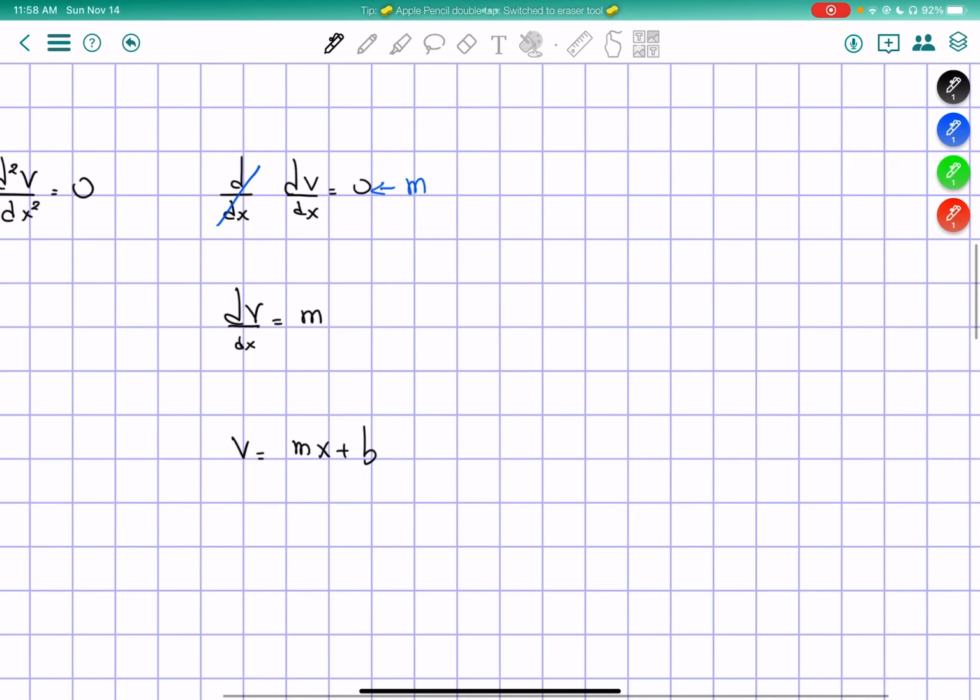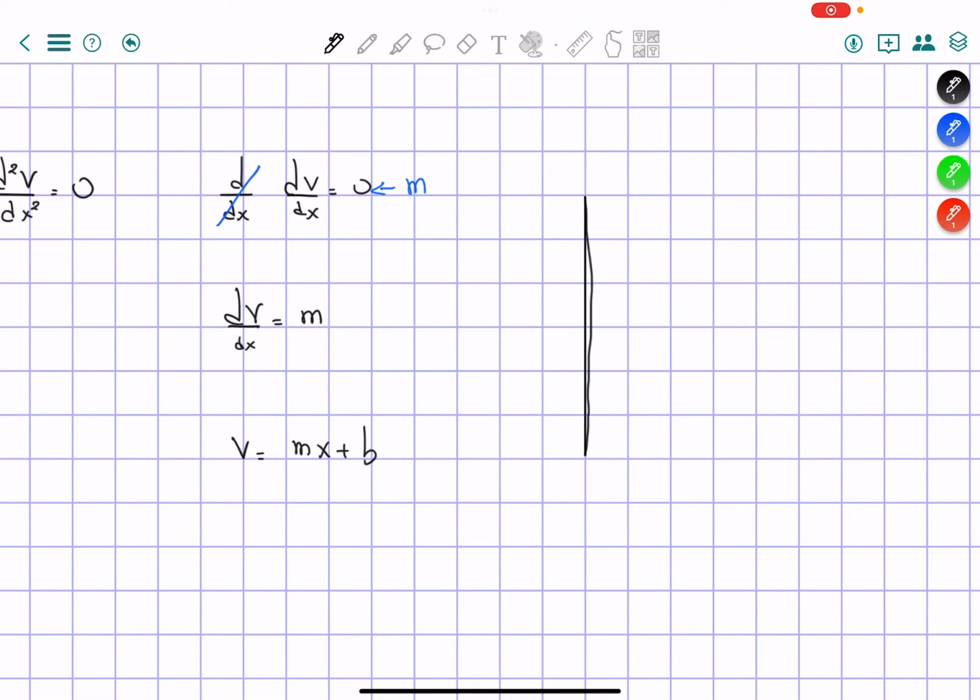We're going to put v on the y-axis, of course, and x on the x-axis. So we know that when x is equal to 0, then v is equal to b. So we're going to put this point right here, equal to b.